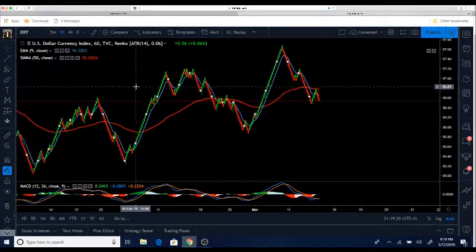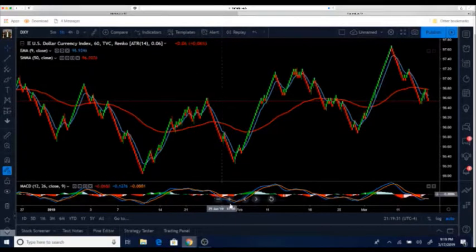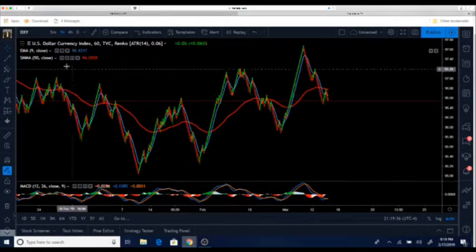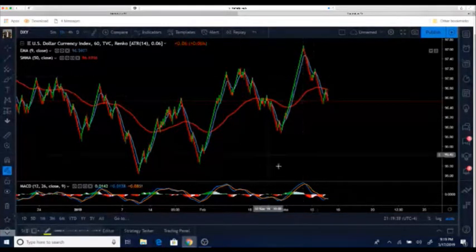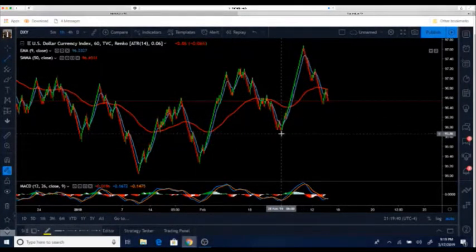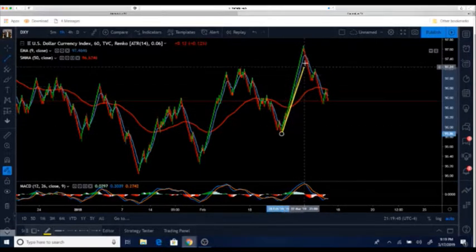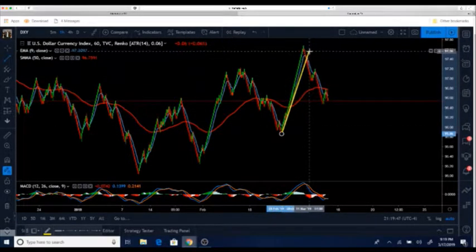Let's say, again, if you're going to trade on Renkos, you should trade on Renkos. So let's say I identify a trend on Renkos, right? So for example, this uptrend on the 1 hour, price going up on this 1 hour, right? Boom.